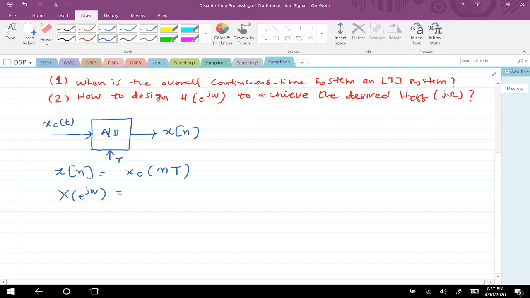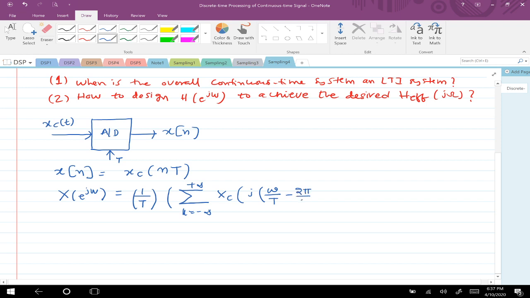In the second lecture we worked with the relation in the frequency domain. X of e power j omega is equal to, written in terms of xc, overall a scaling in magnitude by 1 by T. The moment you are taking samples, infinite copies are placed from minus infinity to plus infinity, xc of j times, well, the moment you are moving from xs of t to x of n, there is a scaling happening there by omega by T, and these copies are placed at integer multiples of omega s.